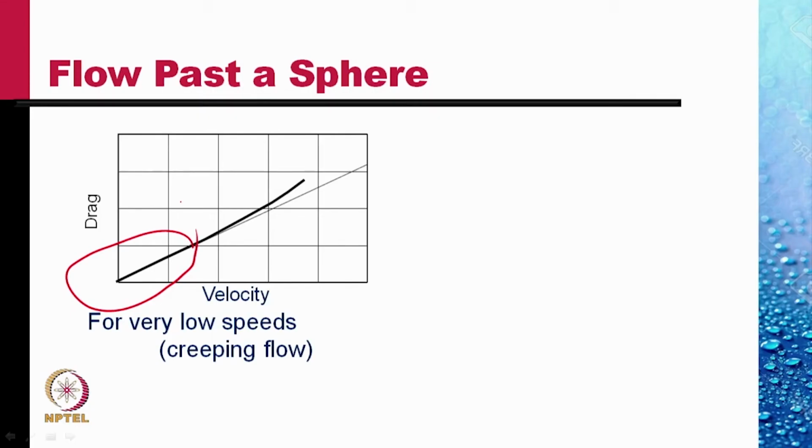This is the regime of flow that you studied in high school. You had studied the formula, Stokes' formula. The drag is 6 mu Vd. This 6 mu Vd is applicable only in this very narrow range of Reynolds number less than 1.